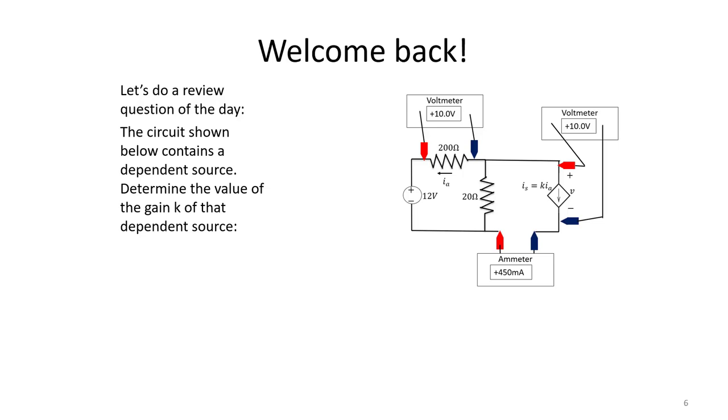Here we are given a circuit containing a dependent source. And we are asked to determine the value K of that dependent source's gain. You'll remember that gain is the proportionality constant.